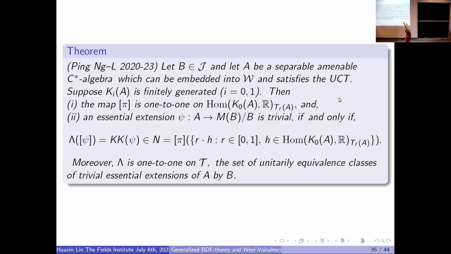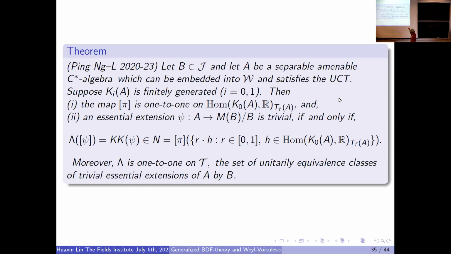It is trivial if and only if the KK element corresponds to the Hom there. Because you lift it, that is a map to the multiplier algebra, so K0 to R.